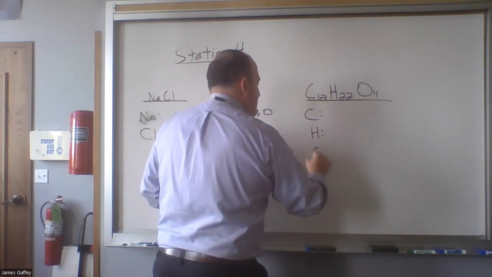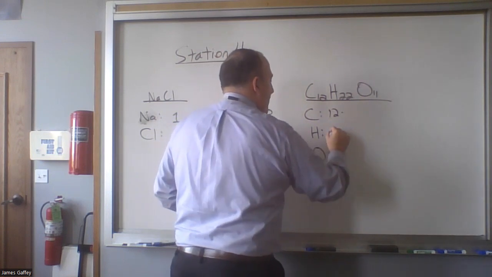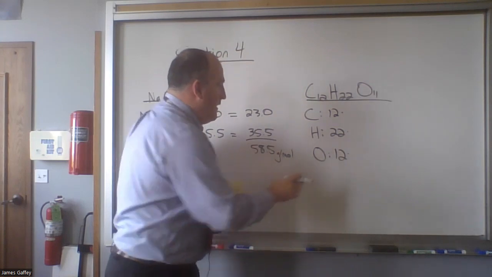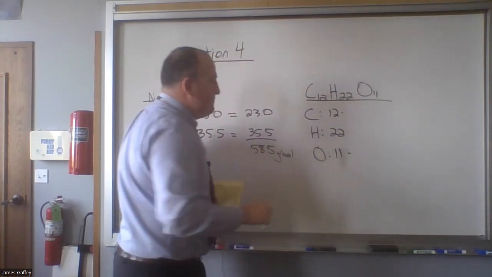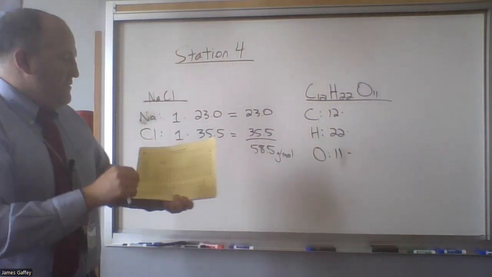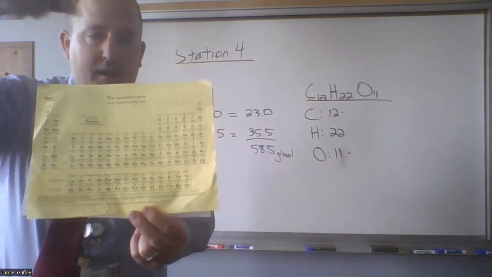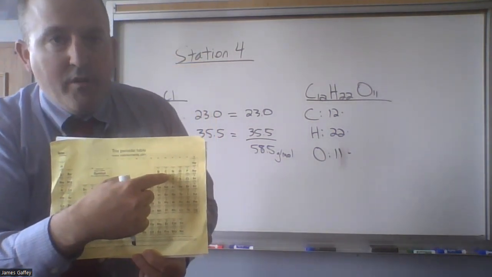Elements present, C, H, and O. The subscripts within the formula are each 12, 22, and oops, I wrote 12, but I meant to write 11. And these are atoms whose atomic weights we've worked with before, but in case you forget, you can always look them up. Carbon is in column 14.